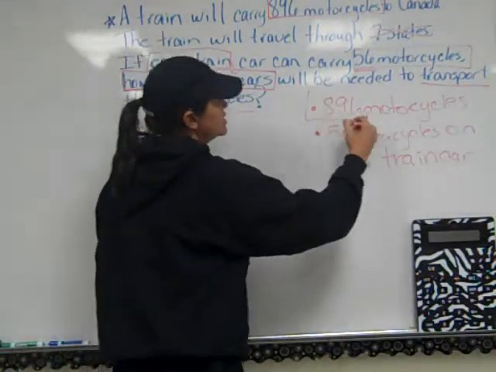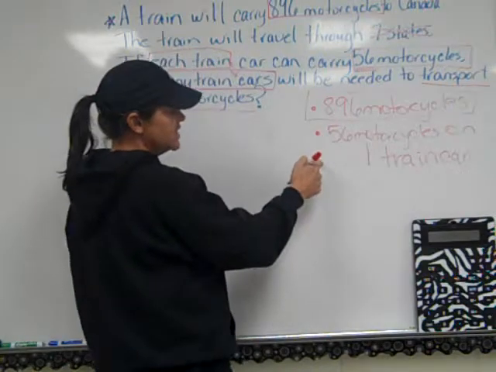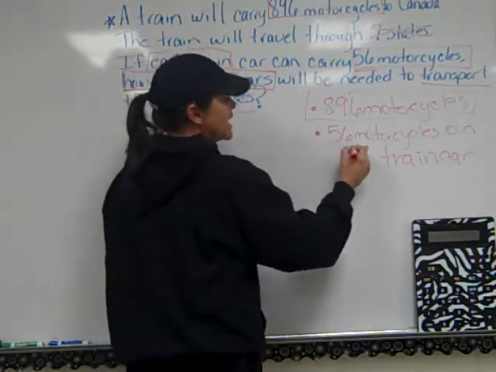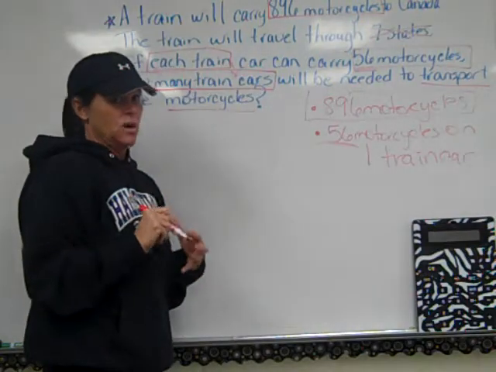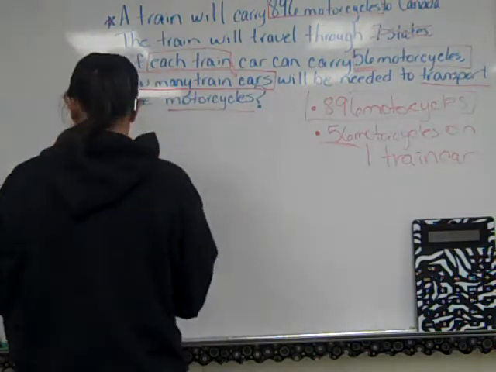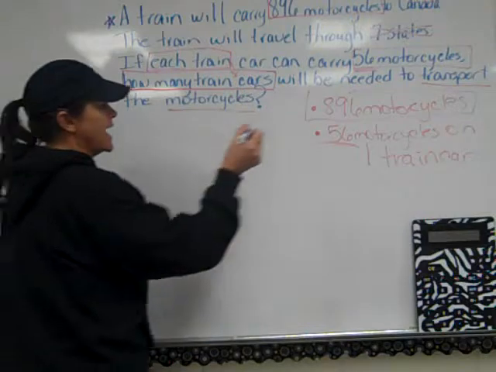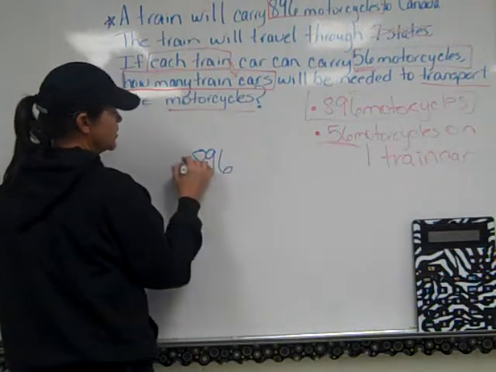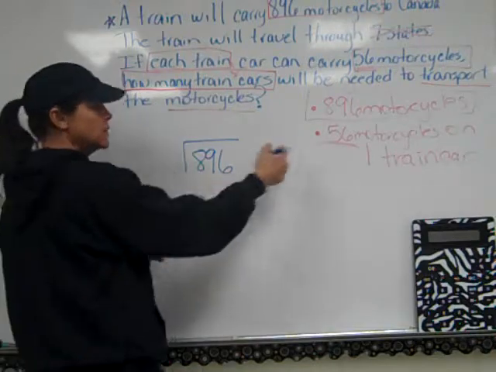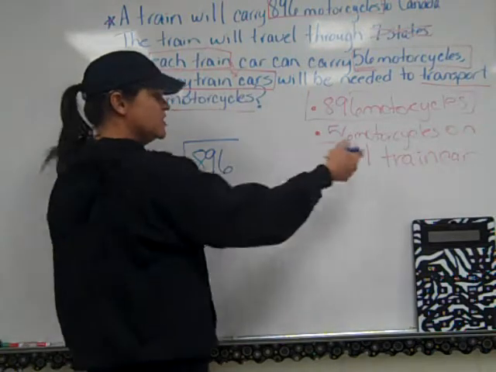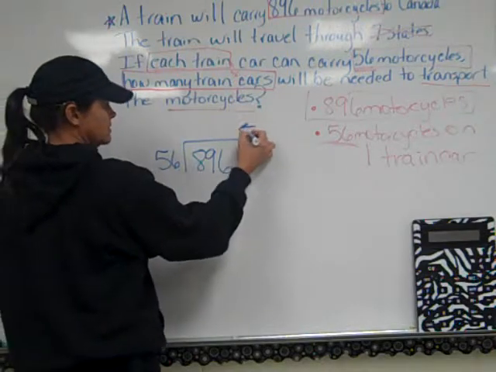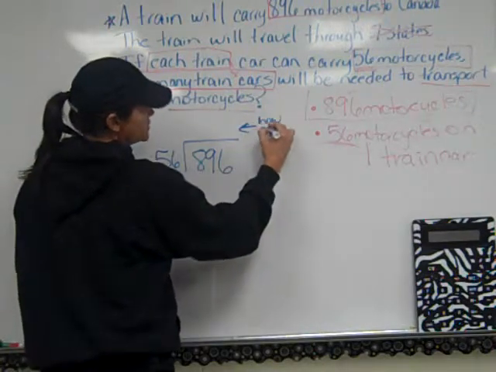So I've got these 896 motorcycles that I've got to fit on some train cars. I don't know how many yet, but I know that I can get 56 on each one. Okay, so this is a division problem. 896 is going to be my dividend that I'm going to be dividing up into the 56 motorcycles on each train car to figure out how many train cars I need.